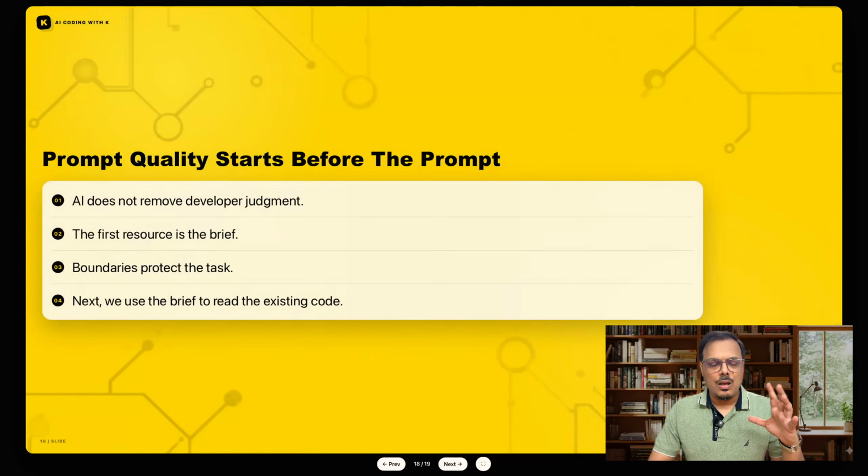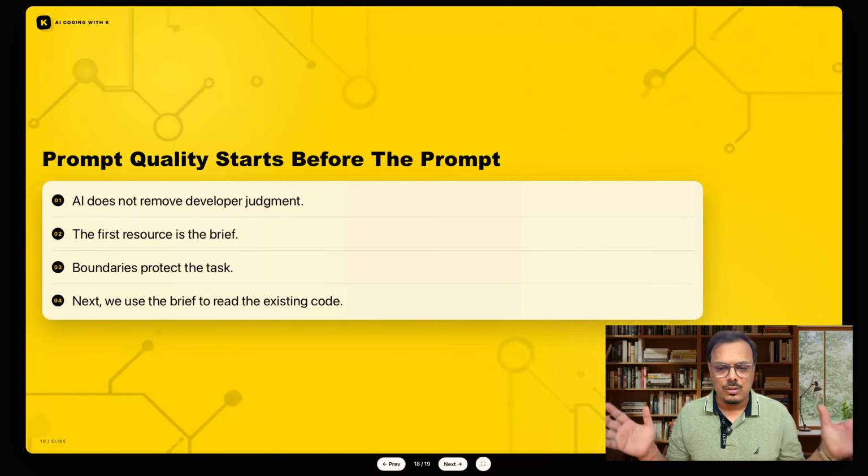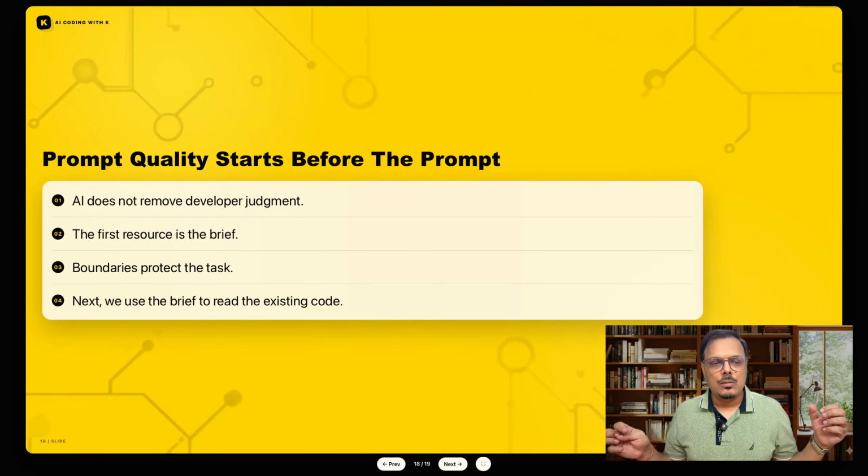This is I think the last part of what I wanted to touch on. What you are focusing on now is the quality of the prompt that you are giving to the AI. Now we are not giving vague tasks to the AI anymore.